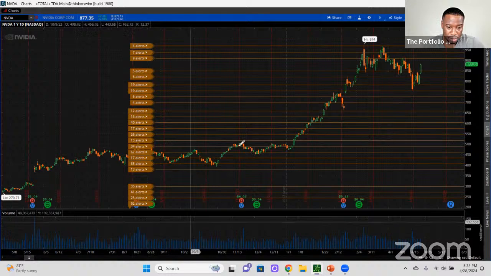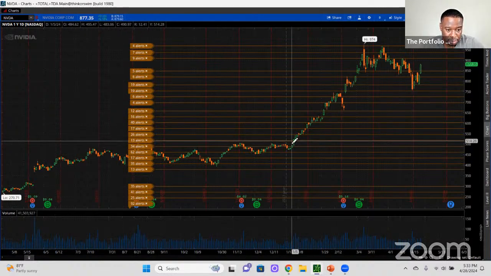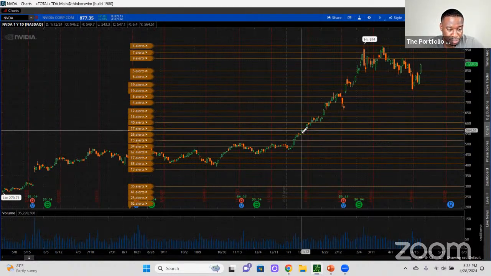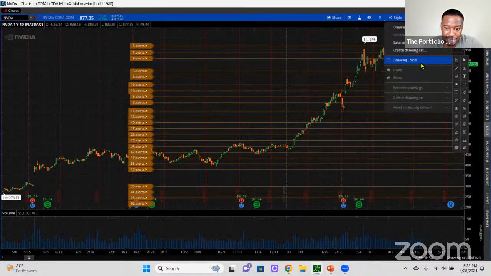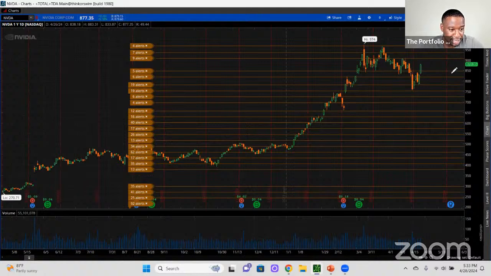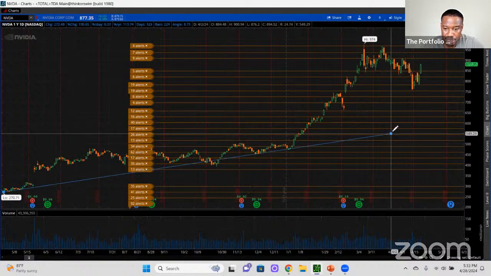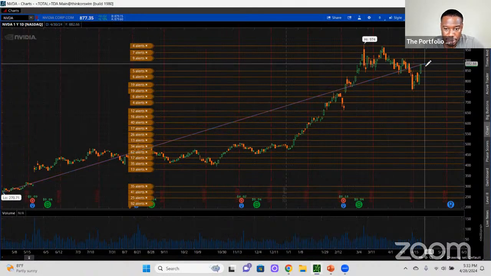Now, looking at this chart, the first thing that I want to do is identify the overall trend, because, like I said, trading is all about probability. From left to right, high to low, low to high, you simply draw a line to the current price.